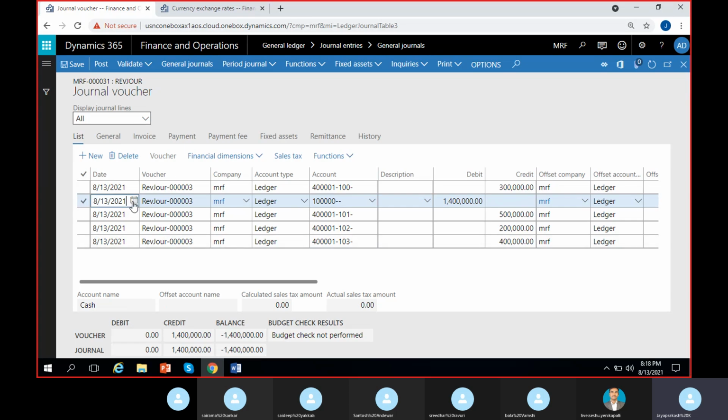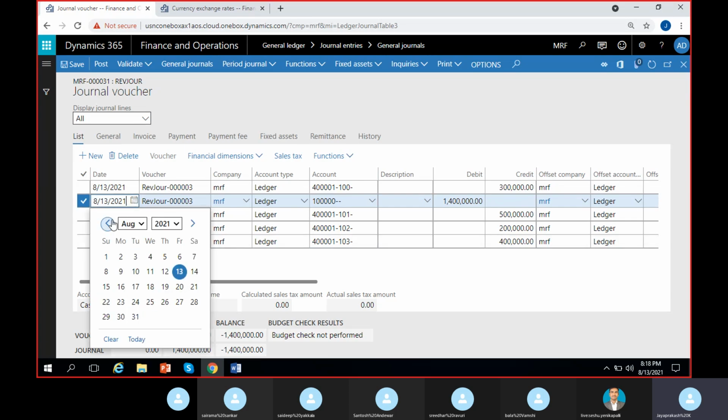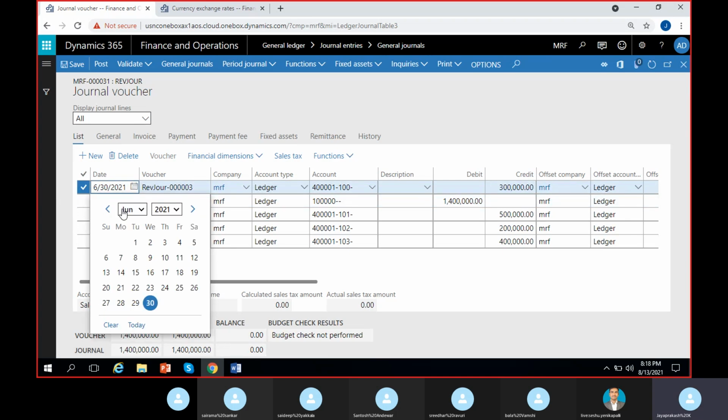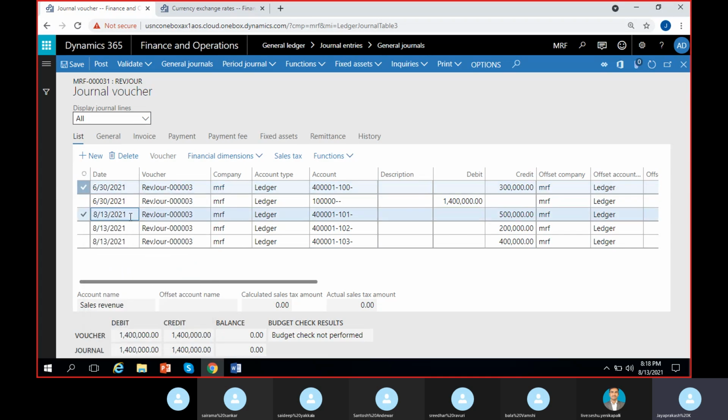So just assume. I'll change these dates back to June 30, which means half yearly. I'll change all the dates back to June 30. It is changed.